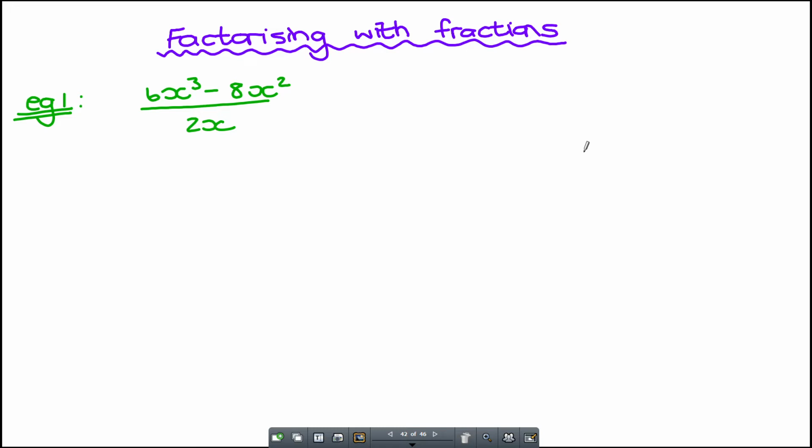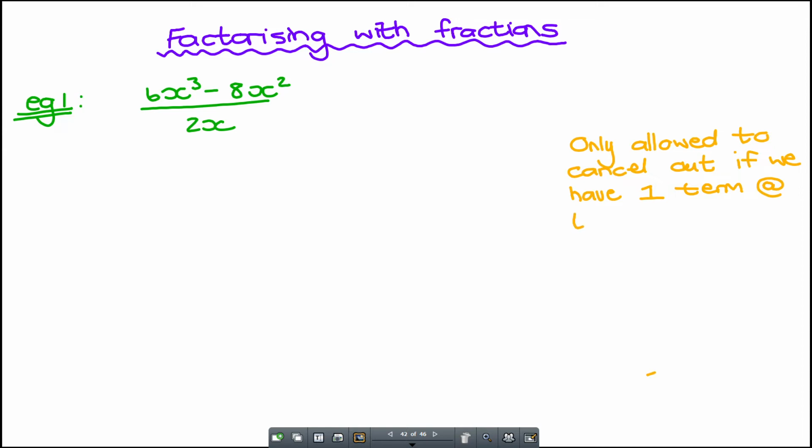So make a note of that: one term at the top and one term at the bottom of your fraction.